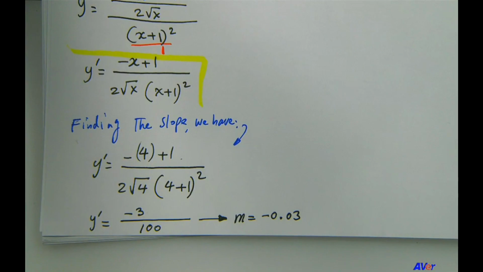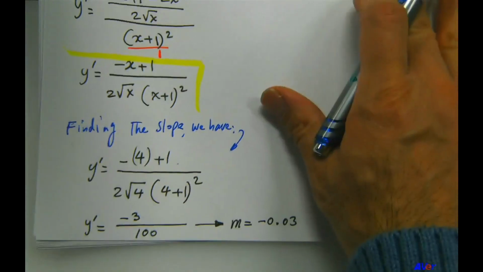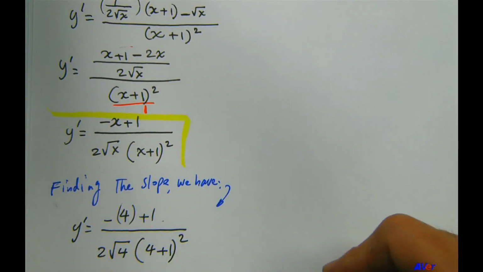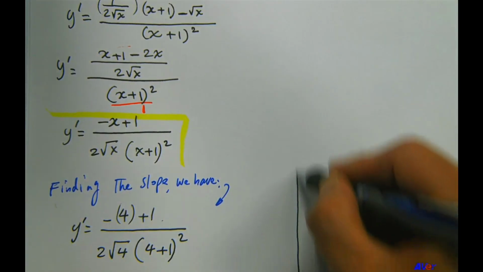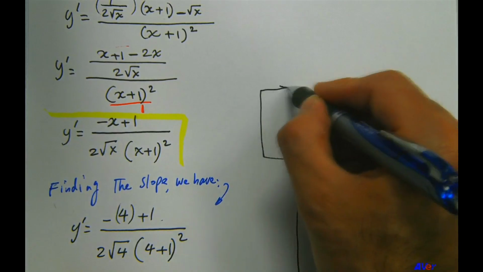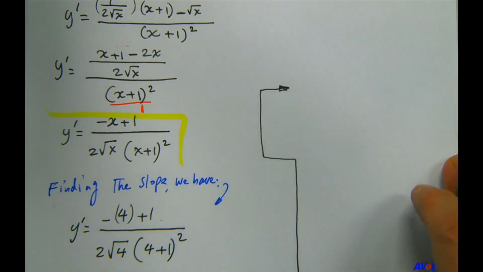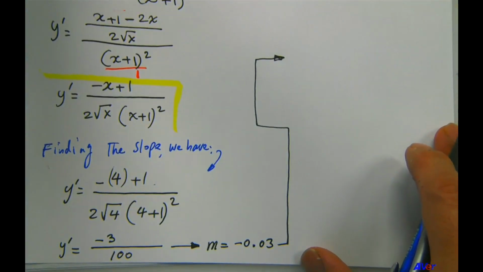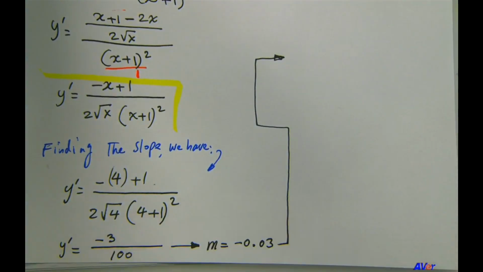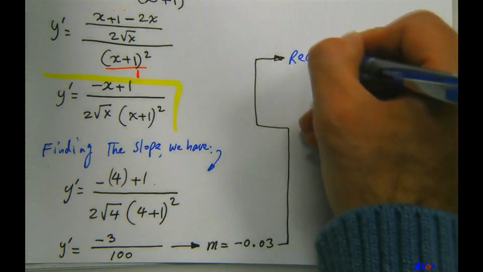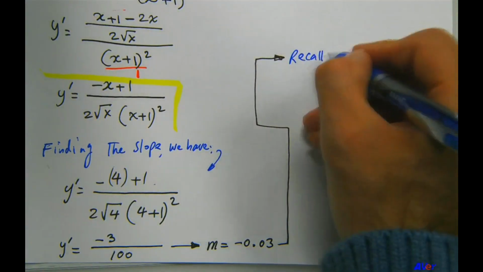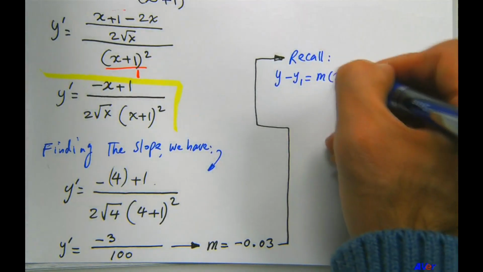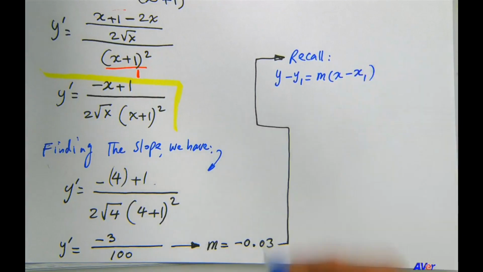Okay? Now, we can find the equation of the tangent line by, so let me bring this up here. Okay, so recall that y minus y1 equals m times x minus x1, right?